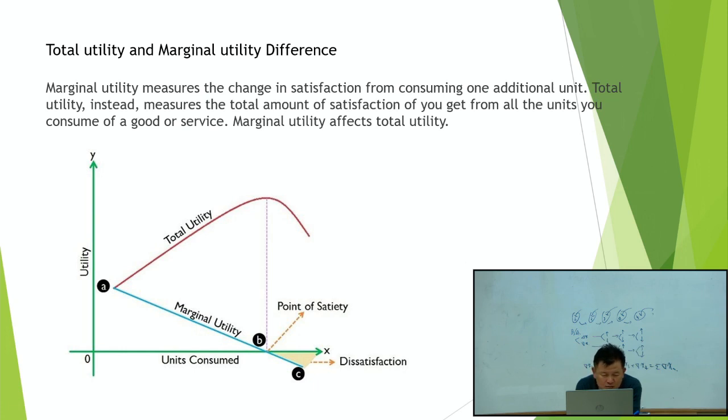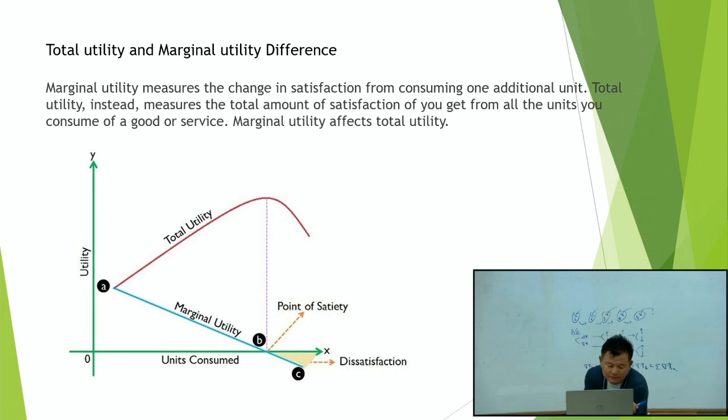But the total utility measures the total amount of satisfaction you get from all the units you consume of goods and services. Marginal utility affects total utility. That's why. Because I don't want two more apples and then I finish the set. That's why marginal utility affects the total utility.